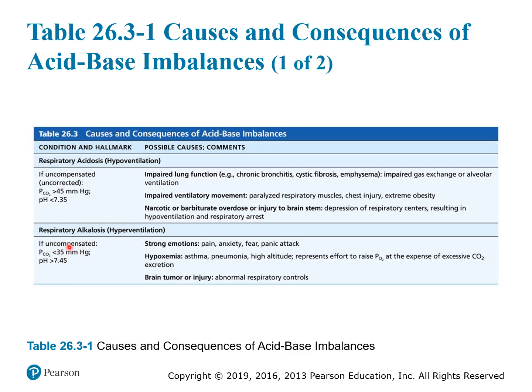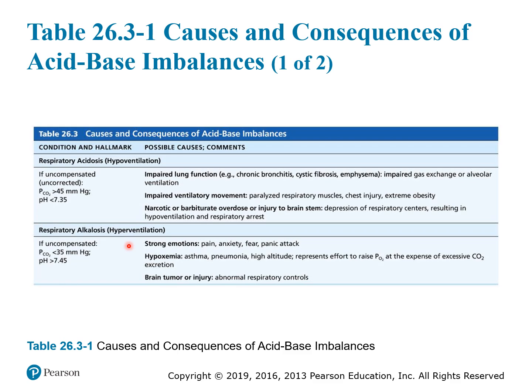So in respiratory alkalosis, if it is not being compensated by the kidneys, the partial pressure of carbon dioxide is going to be less than 35 millimeters of mercury, and the pH will be greater than 7.45. And what can cause it? Strong emotions, pain, anxiety, fear, panic attack. People hyperventilate and they just blow out the carbon dioxide.